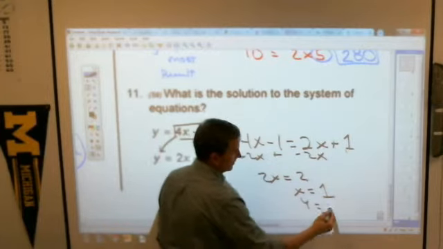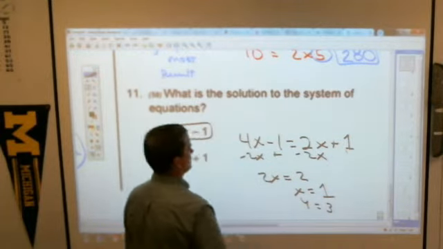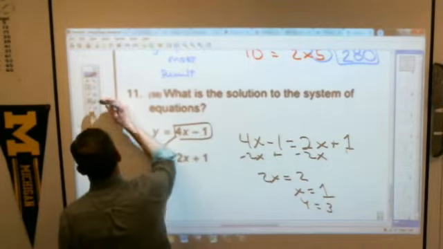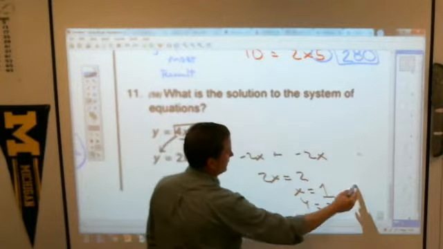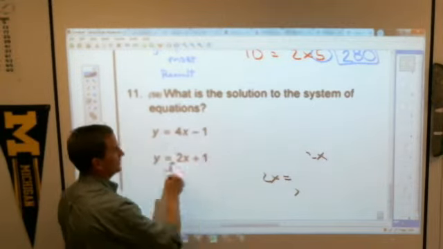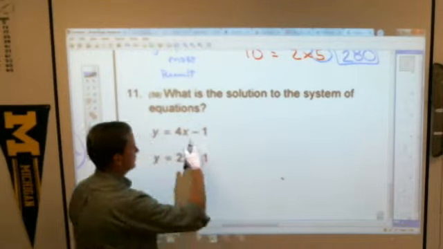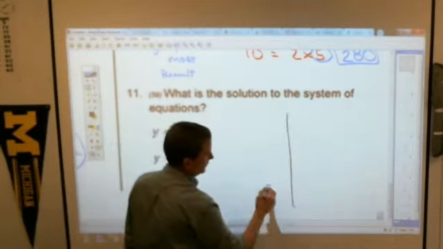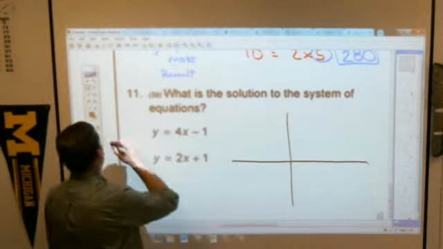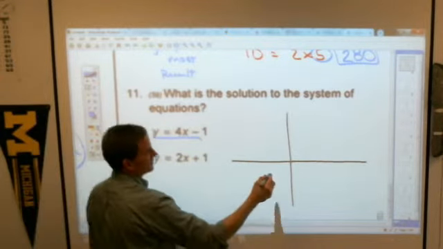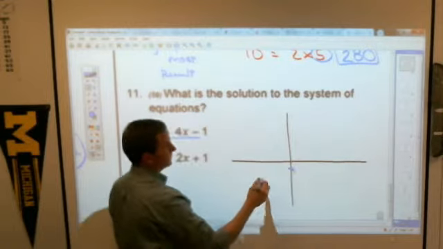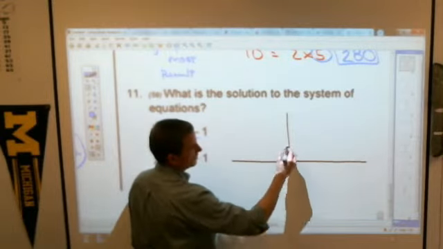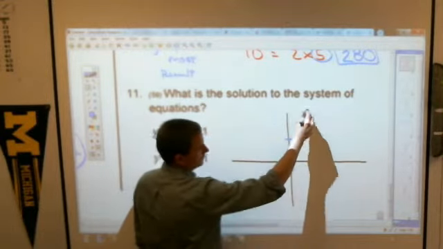This is under substitution. But this would not be under substitution. I'm pretty sure this is under your graphing. I'm pretty sure the intent of the book was to have you do this, because these are both in slope-intercept form. A graph of this line crosses at -1 and it has a slope of 4. 1, 2, 3, 4.